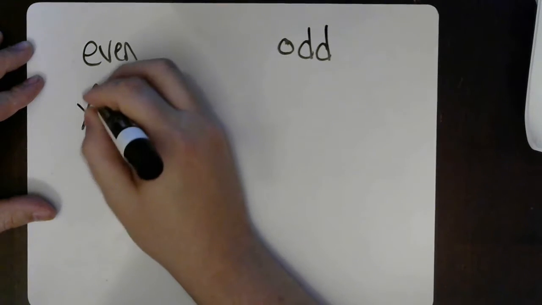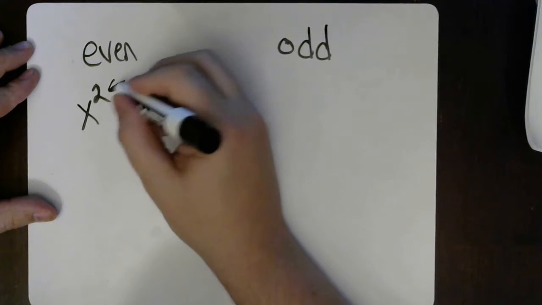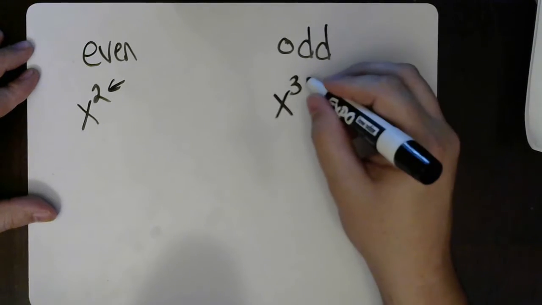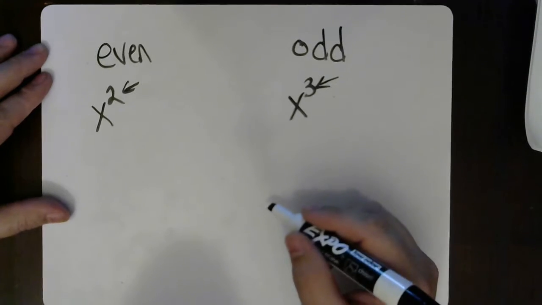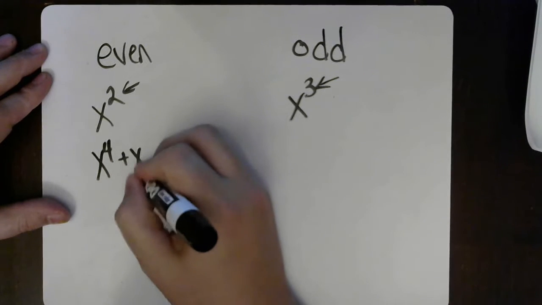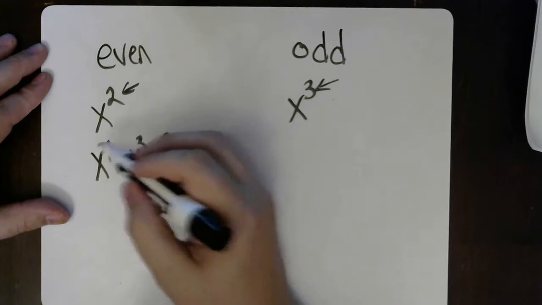Now, even and odd is pretty simple to think. X squared is an even exponent, and x cubed is an odd exponent. So just some examples for even and odd would be x to the fourth plus x cubed plus x squared plus 1.